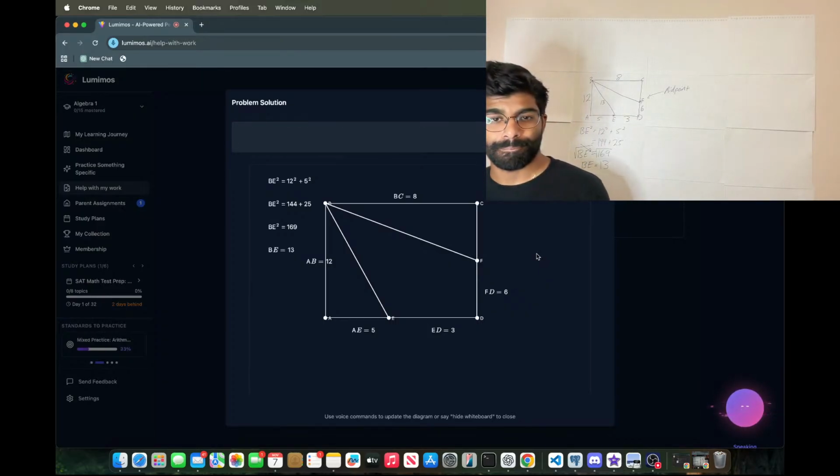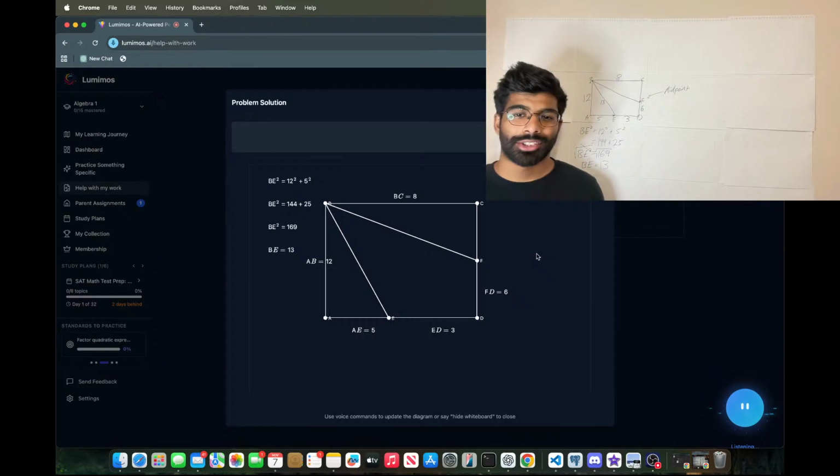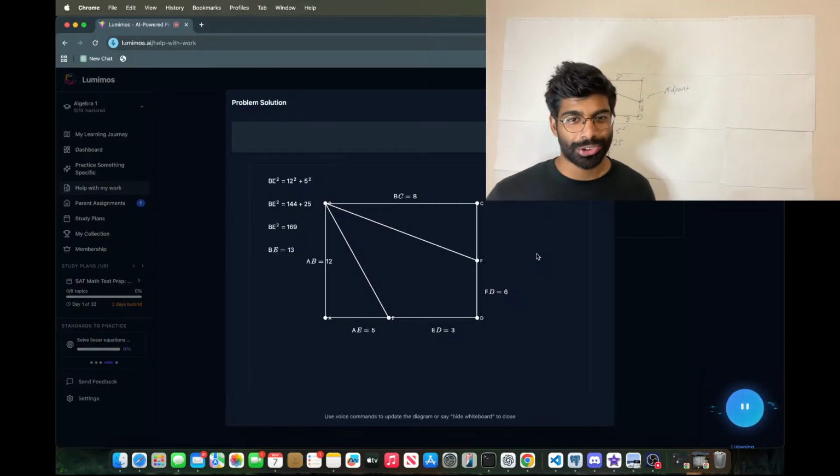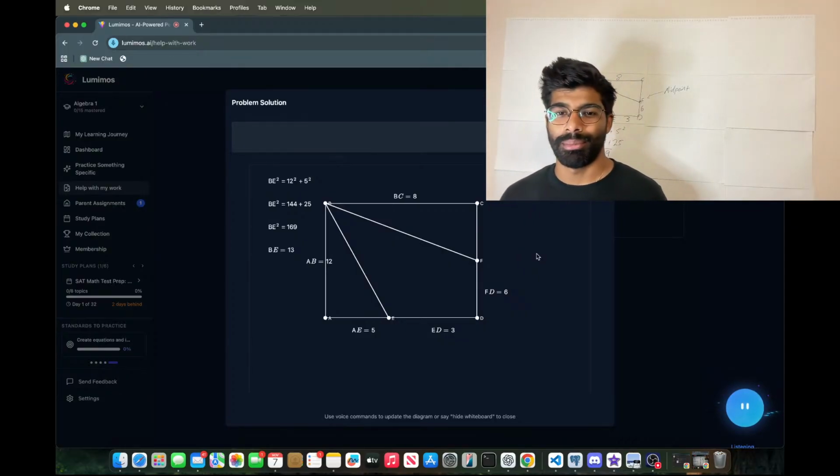What triangle are we looking at to find BF, and what are its two legs? So we're looking at triangle BCF, and the two legs are 8 and 6. So we follow the same formula: 8 squared plus 6 squared equals BF squared.